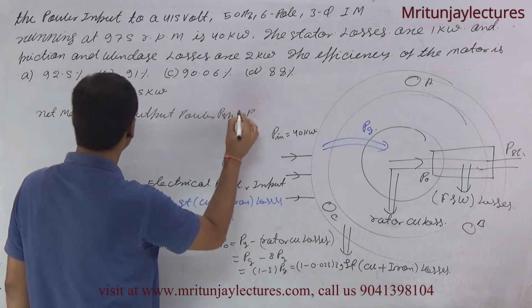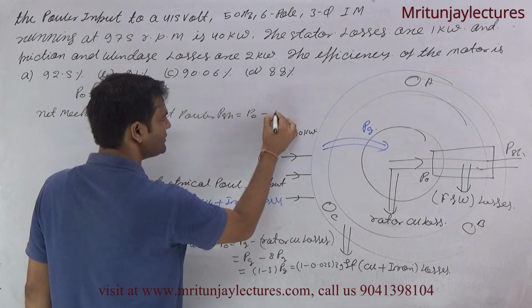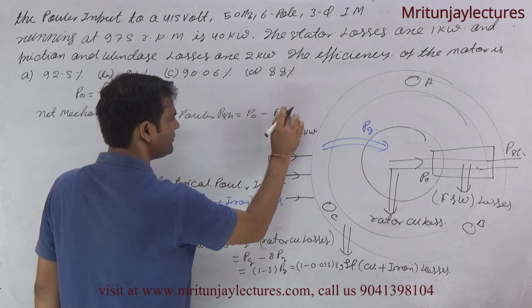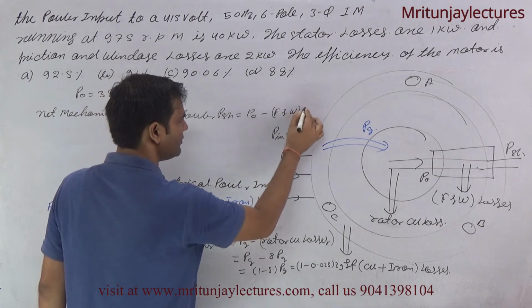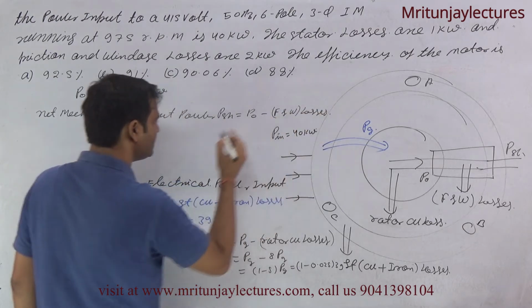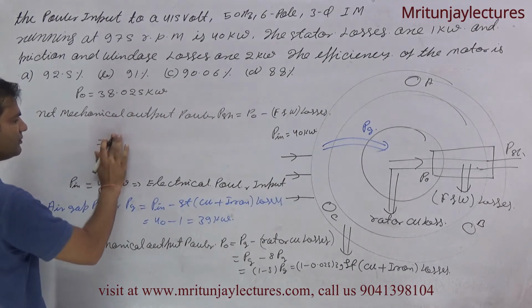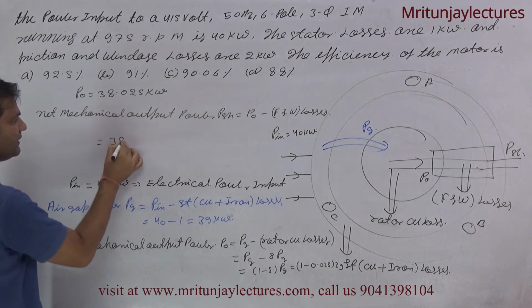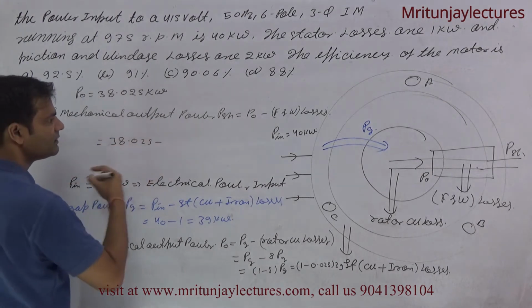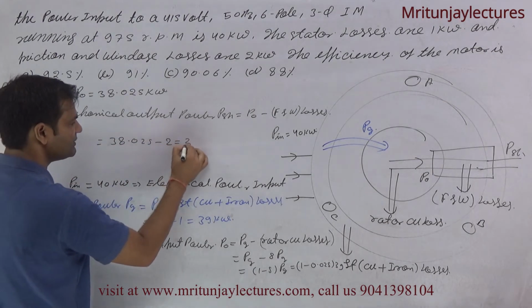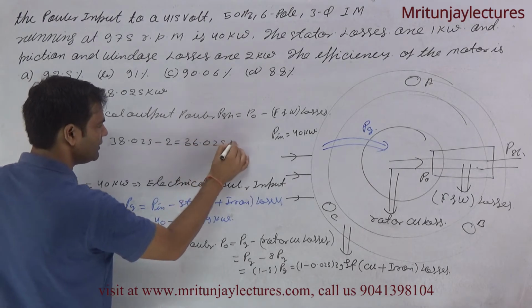PSH is equal to P0 minus friction and windage loss. P0 is 38.025 minus friction and windage loss, that is 2, that is 36.025 kilowatt.